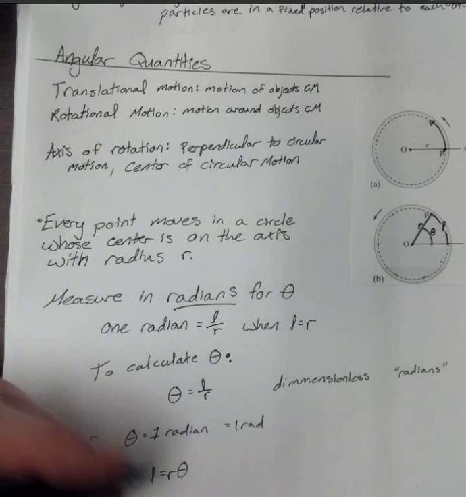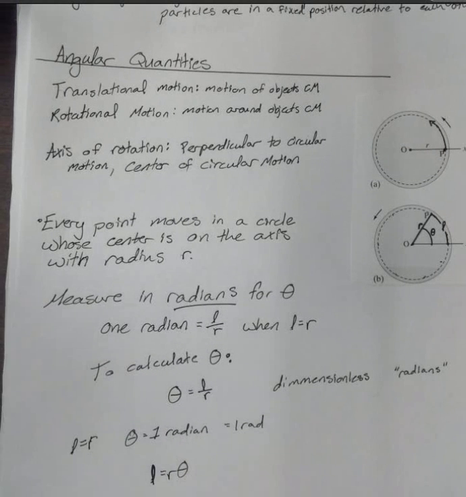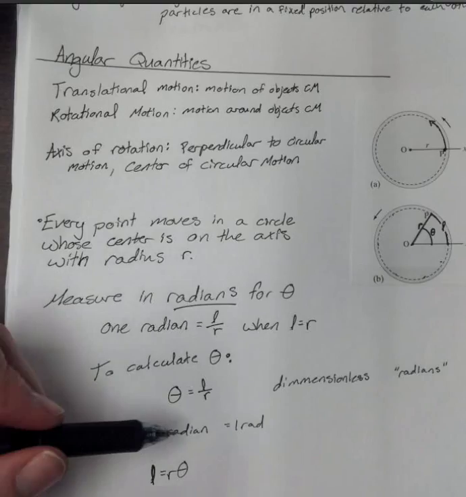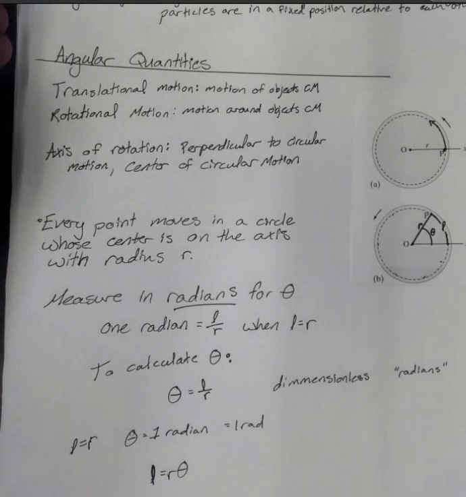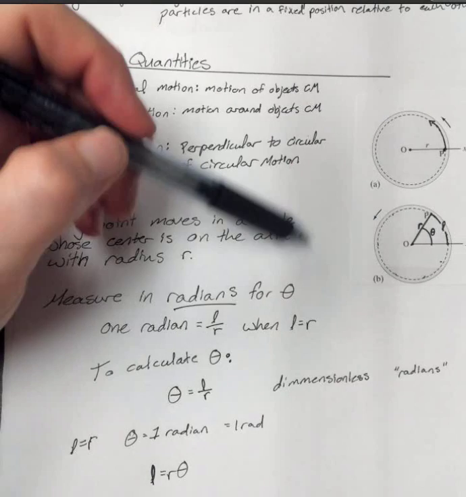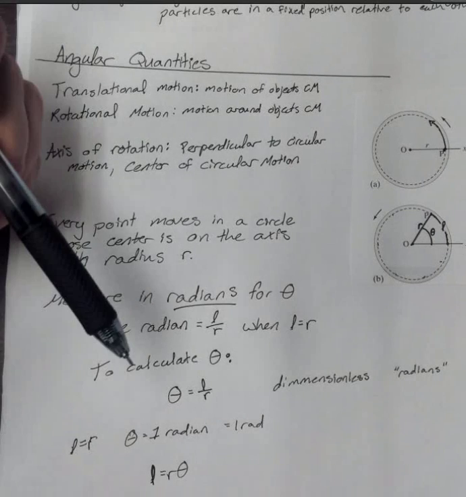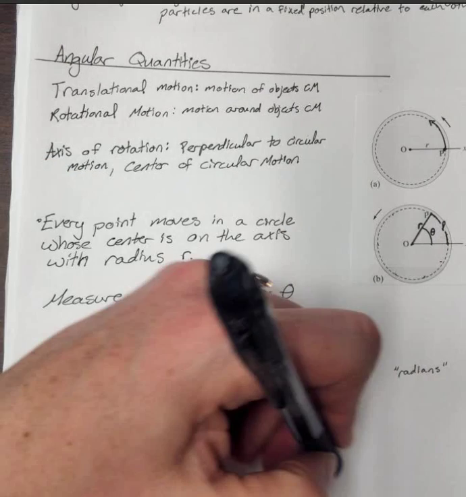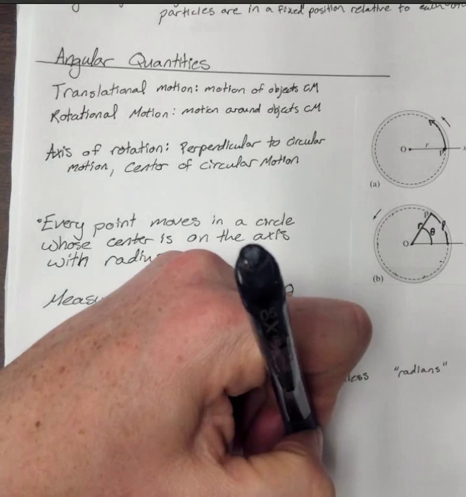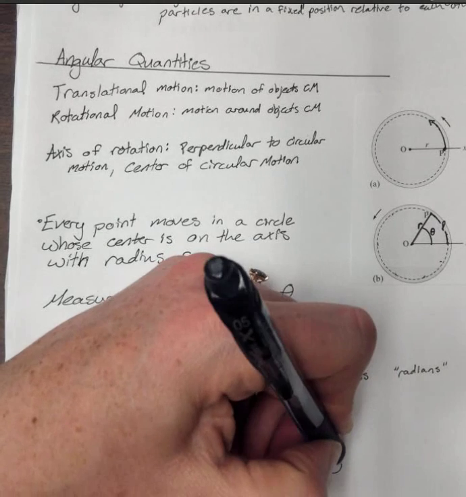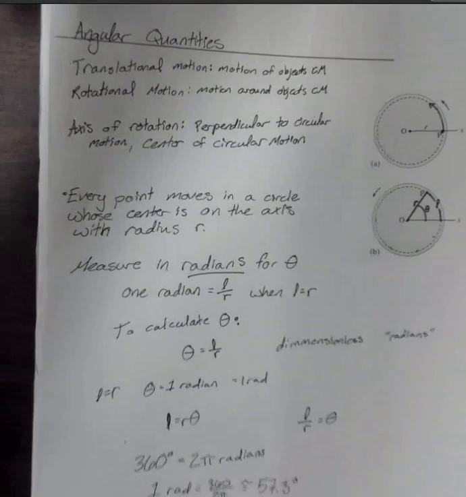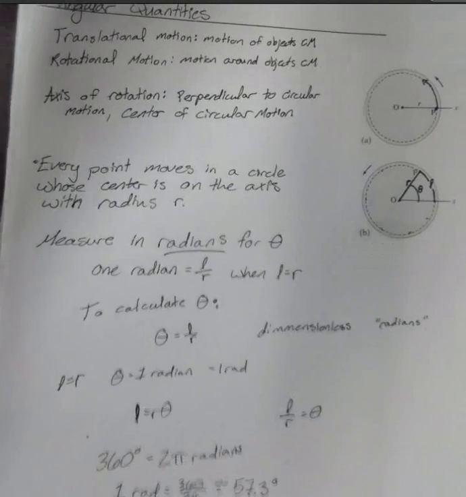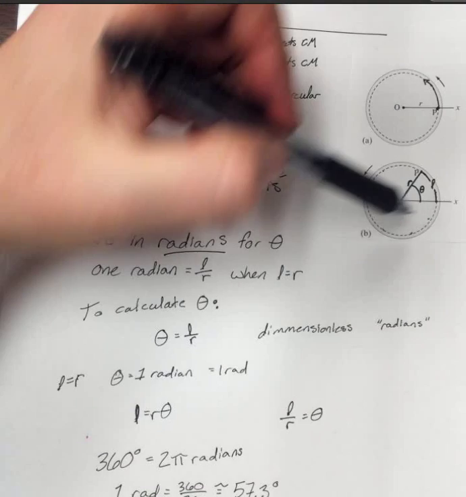We can rewrite this in terms of arc length because sometimes we might be interested in arc length. Arc length is given by the radius times the angle in radians. And if you're going back and forth between two different values, if L over R equals theta, and you go all the way around a circle, you have covered 360 degrees. If you go all the way around a circle, you've covered a circumference.